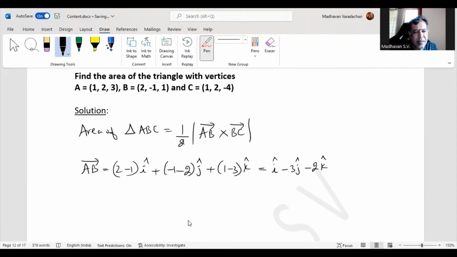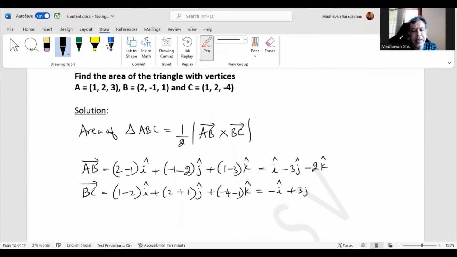And then vector BC will be (1 minus 2) times I cap plus (2 minus of -1), so 2 plus 1 times J cap, plus (-4 minus 1) times K cap, that is minus I cap plus 3 J cap minus 5 K cap.